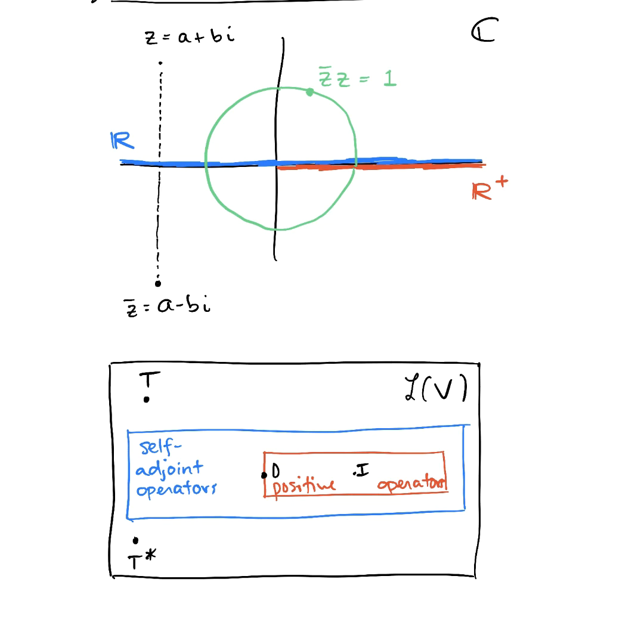Now, if you're seeing the analogy in these two pictures, then what you're seeing is down here, we have take the adjoint. And up here, we have take the conjugate.